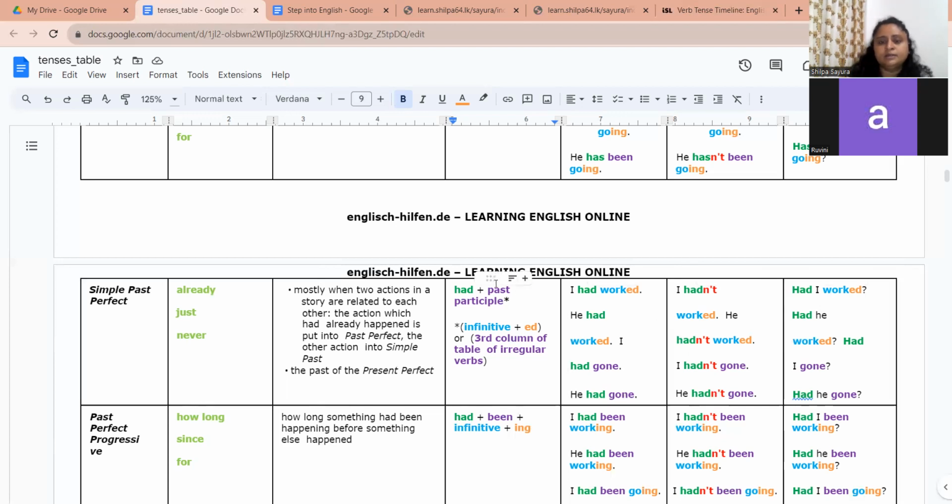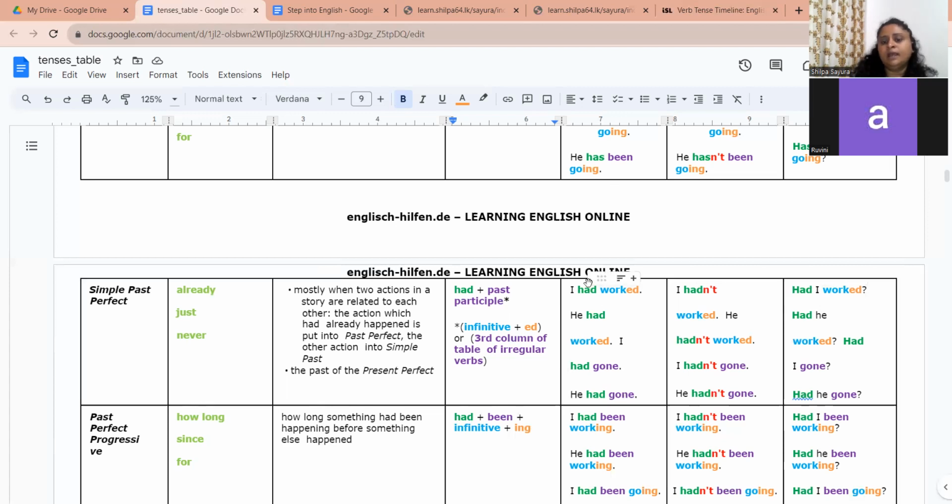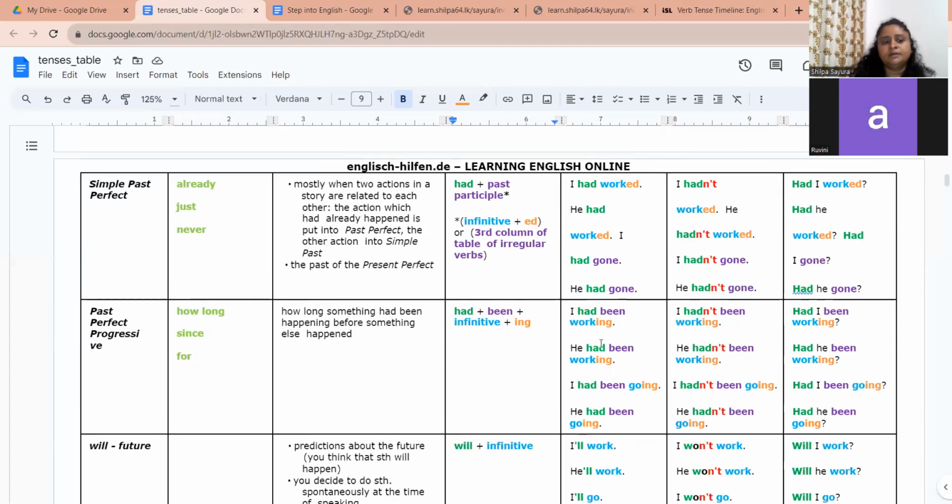In the present perfect, with first person, second person and third person plural, and first person singular, you use have. In other cases, third person singular, you use has. But here, just like did, it is had for everything.